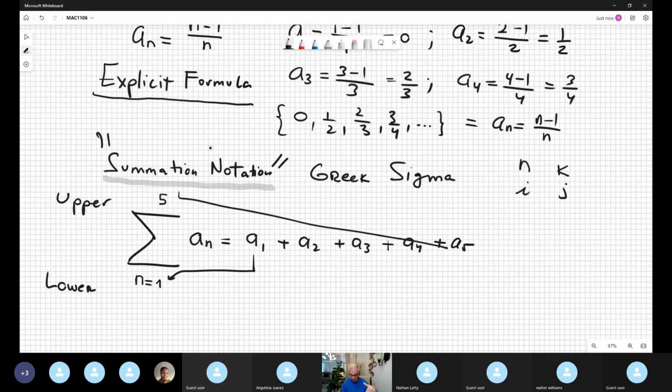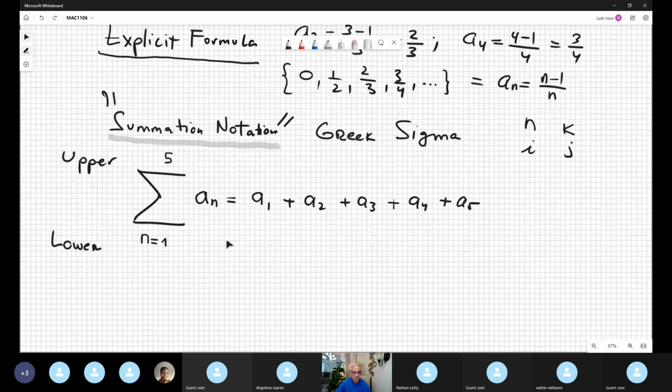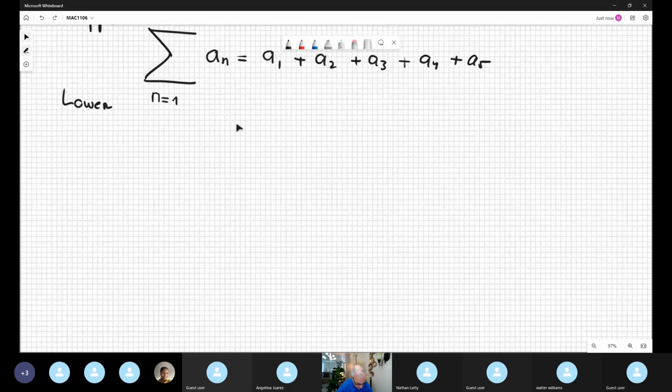Let me put a couple of examples to illustrate the format of the summation notation. Suppose example 1, easy.